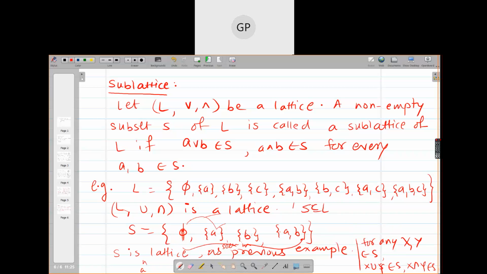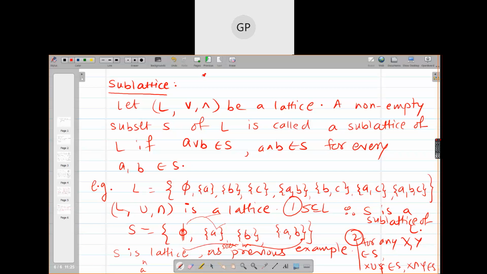S is contained in L, this is the first reason. The second reason is, for any X, Y belonging to S, X union Y belongs to S, and X intersection Y belongs to S, and therefore S is a sublattice of L. Okay, we don't need to go deeper into this. We need only the concept. Now next, there are two important properties we need to remember. There are certain theorems, girls, which I will be giving you as notes.